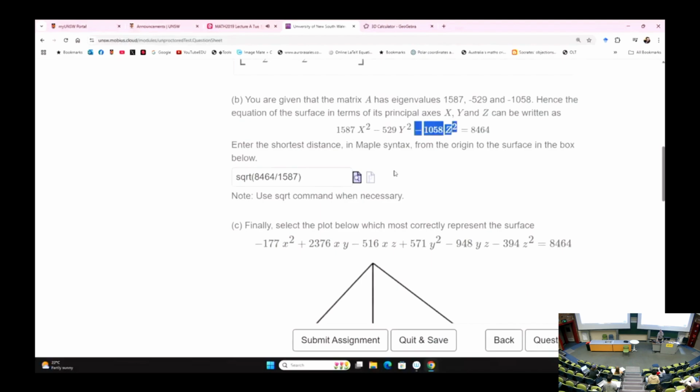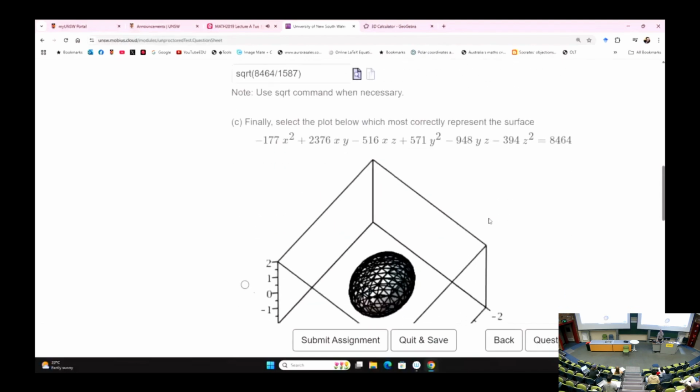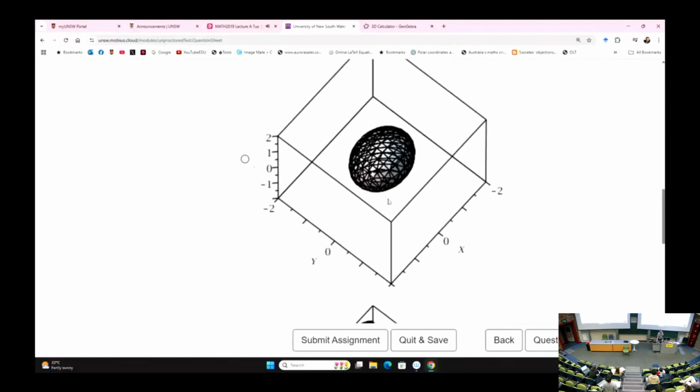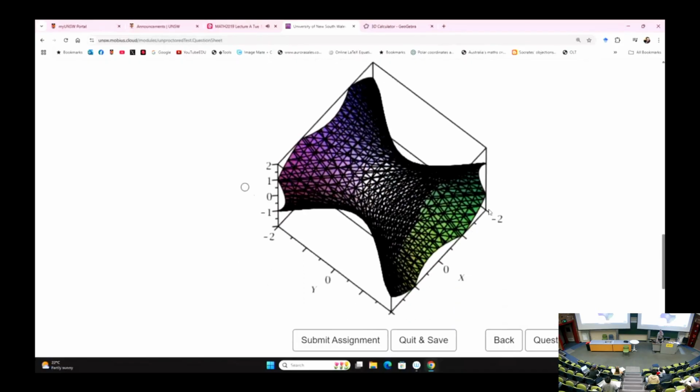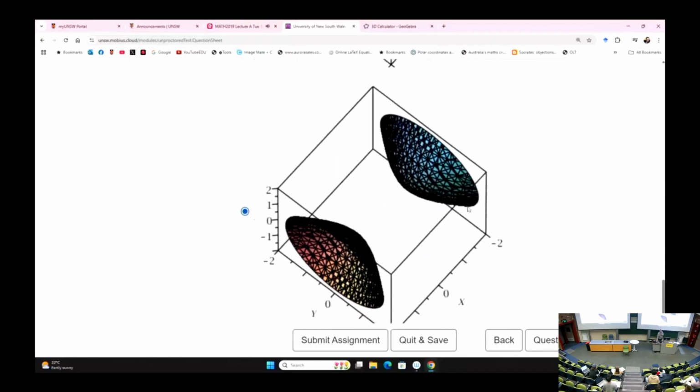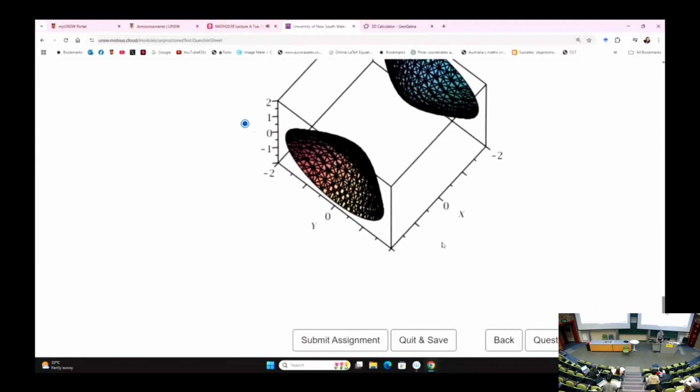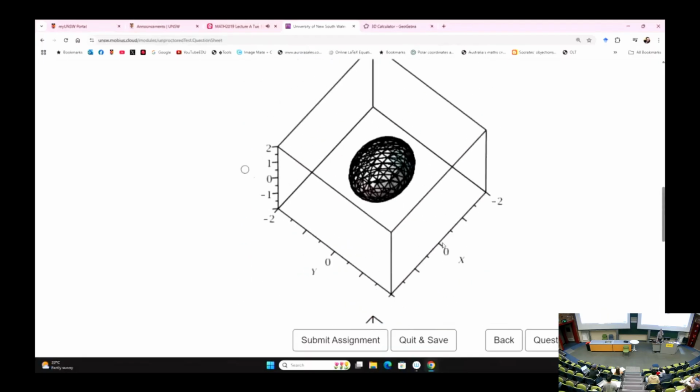Easy. And then they've even got some pictures. Ellipsoid, one-sheet hyperboloid, two-sheet hyperboloid. There are only three options, so even if you guess, you've still got a 33.33% chance of getting it.